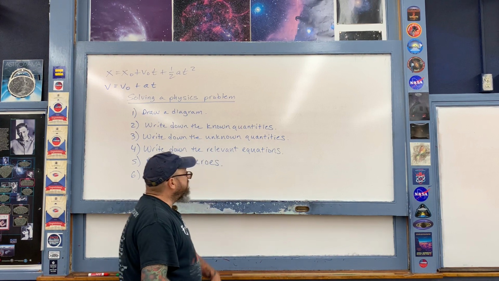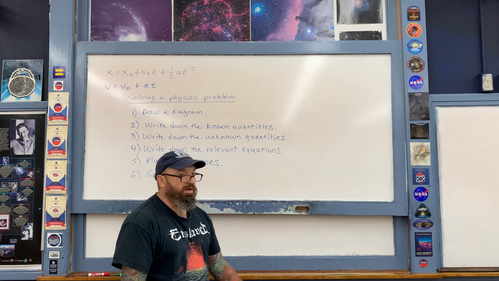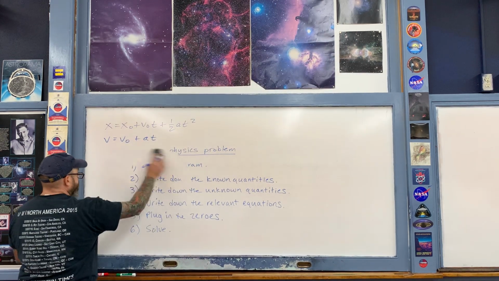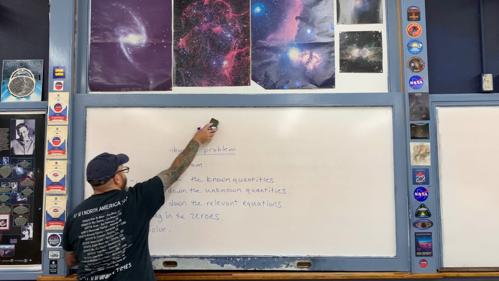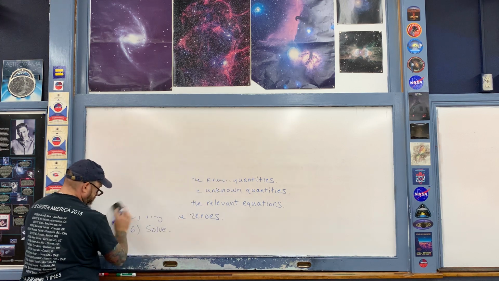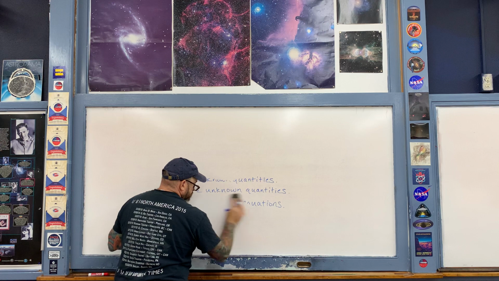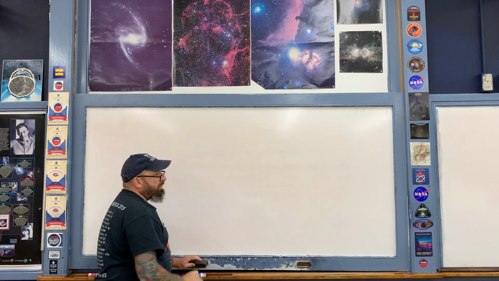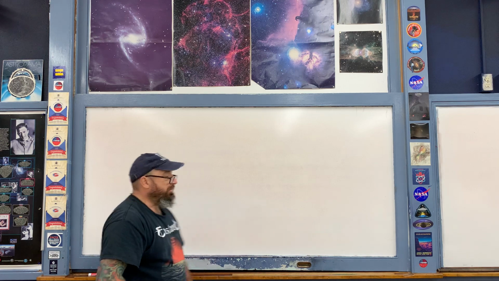Okay, so let's go ahead and immediately start to employ this method when approaching this problem. Let me do some erasing here first. Okay, so the first thing to do is draw a diagram.